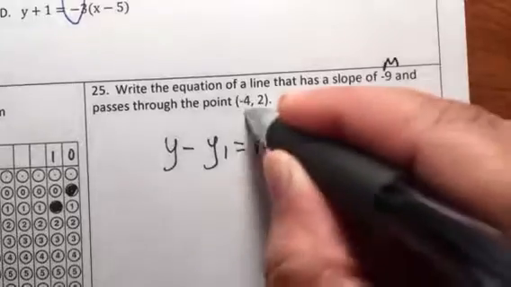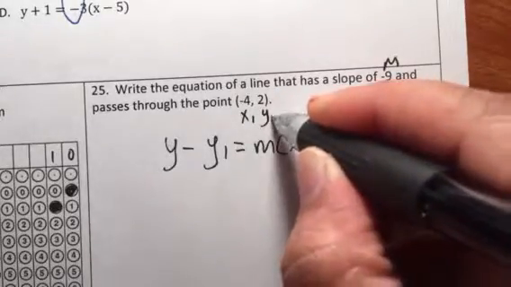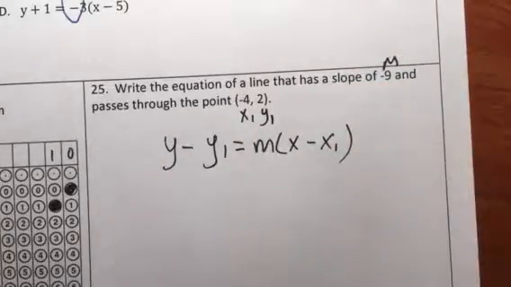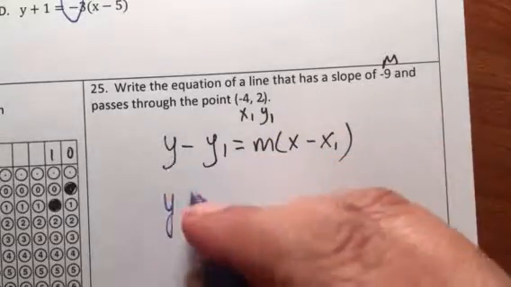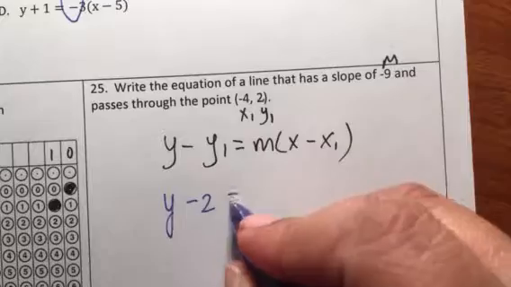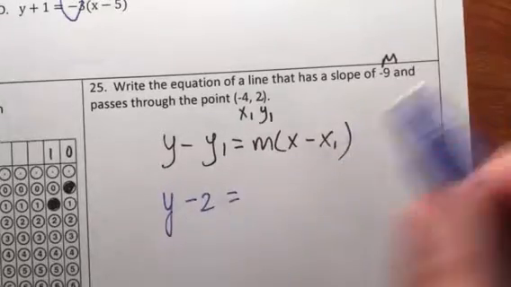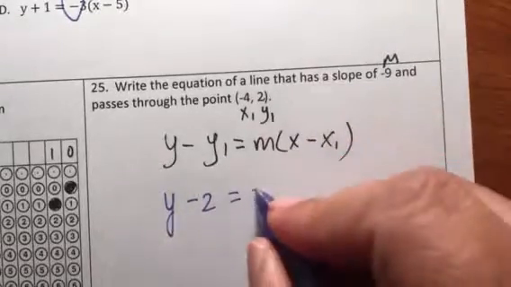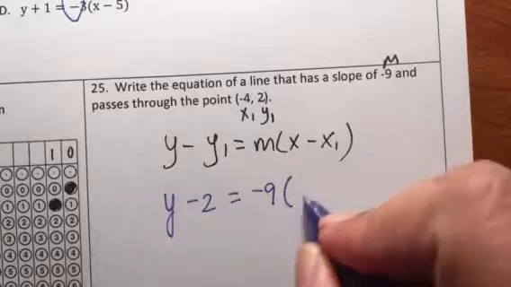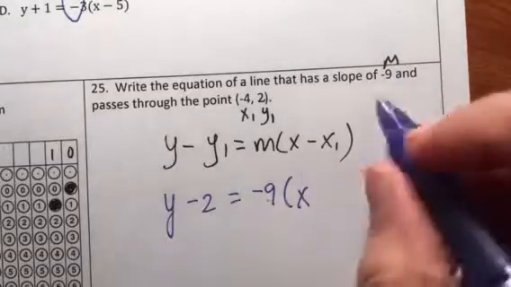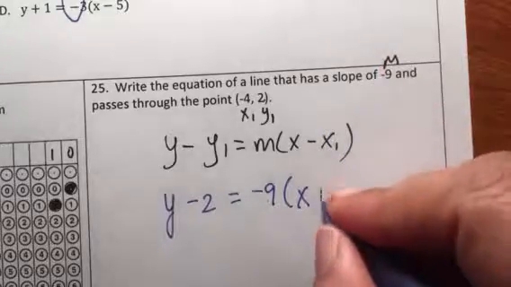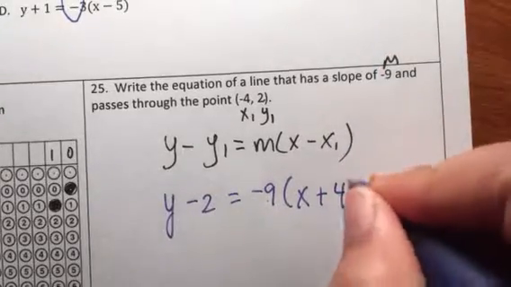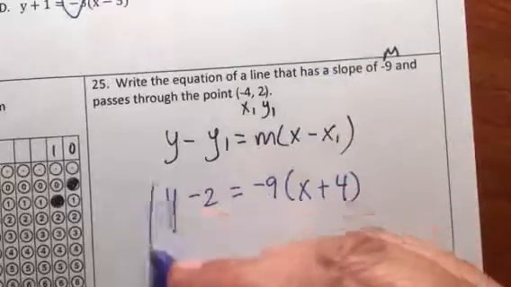Here's our slope, here's our x1, here's our y1. Hopefully you will remember what we just talked about. Our y is positive, so it's going to just come in as the minus, so -2. Our slope stays the same, so this is -9. And then our x, if we were to plug in a -4, that would become +4, because you'd have 2 negatives. And there's your answer.